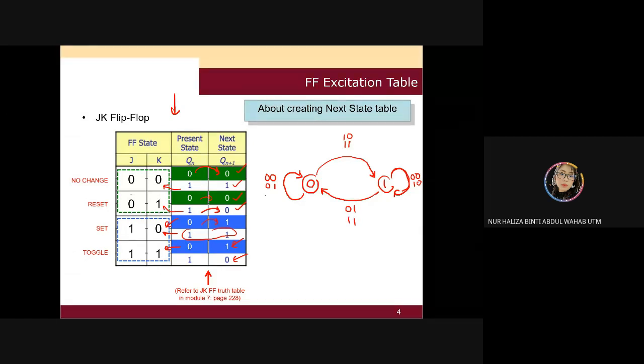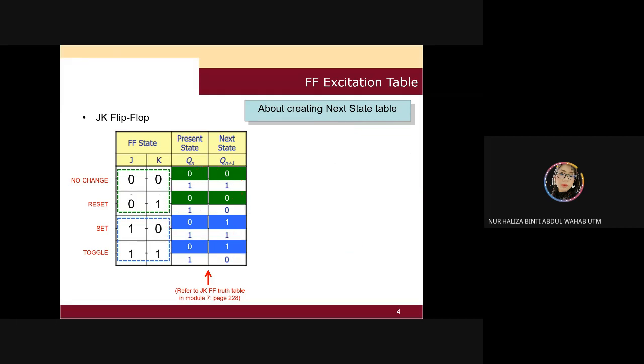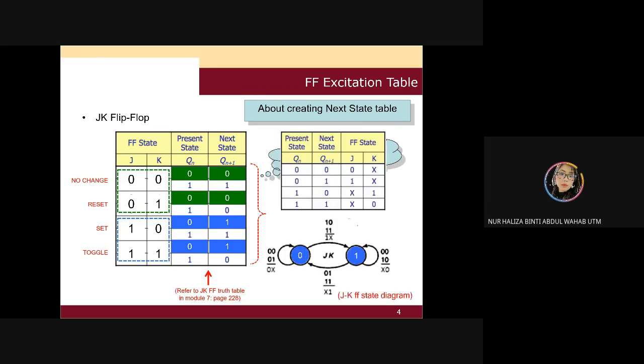So we can conclude that it is always 0 for J and K can be X. For this part, J can be 1, K will be X. J is 1, K is X. And this one, we will have J is X, K is 0. And lastly, X and 1. So you can conclude it to be this kind of diagram.